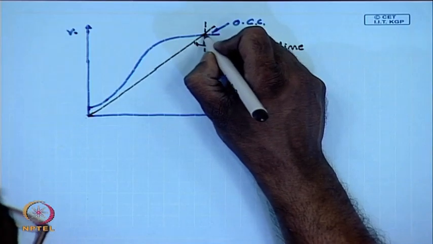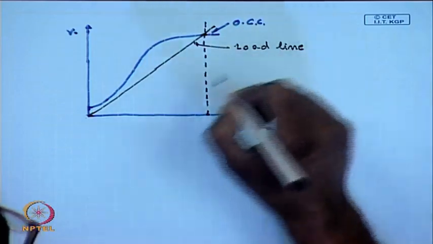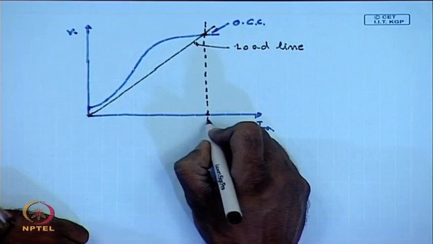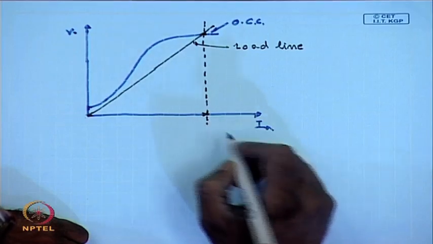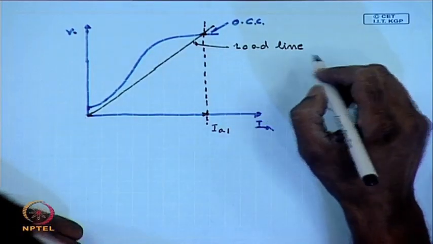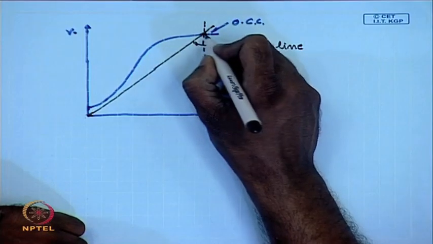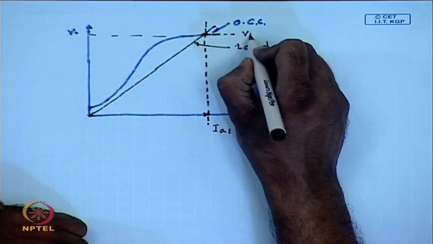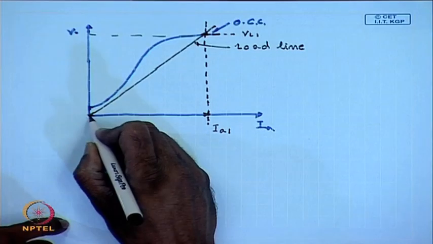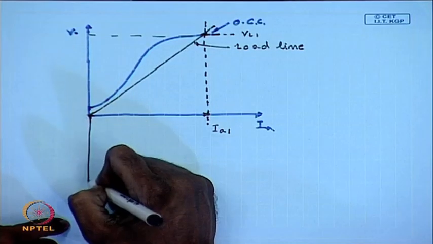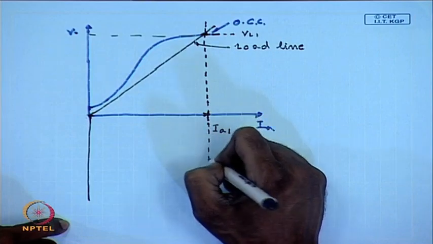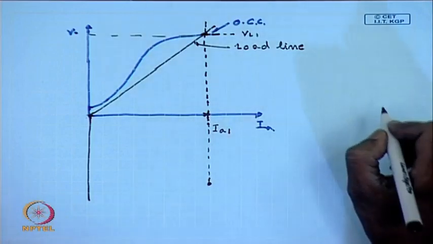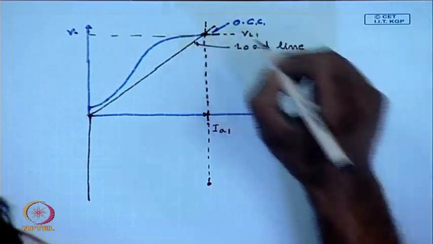So, with this load the armature current will have this value IA1 and the generated voltage will be VL1. We can plot that point; this is the generated voltage.